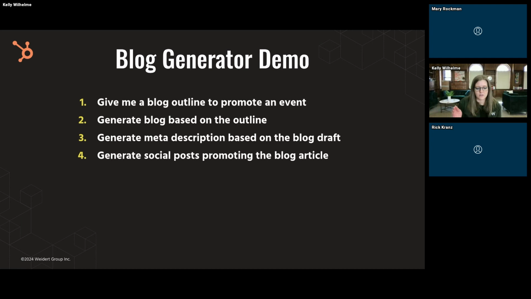If you are looking for ideas, or you're looking for an outline to get you started, or maybe you have a blog draft and you just need to expedite the process of creating a meta description, or you want to tweak your headline, what are some other headlines I could do? Or, okay, I have this thing, how can I expedite my social promotion of it, to take a post that I wrote and change it over to all the channels that I need to be on. So that's what we're going to hop into now.